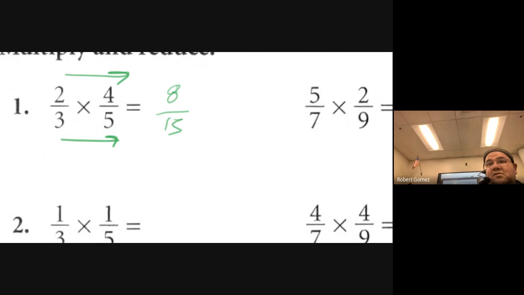We might be able to. Let's check our factors here. 3 and 5. And what about 8? 2 and 4. So can we reduce it? See any twins? No, it doesn't look like we can reduce this one. That's okay. Some of them you can, some of them you can't.